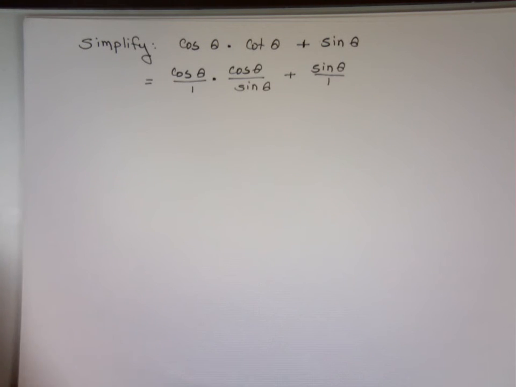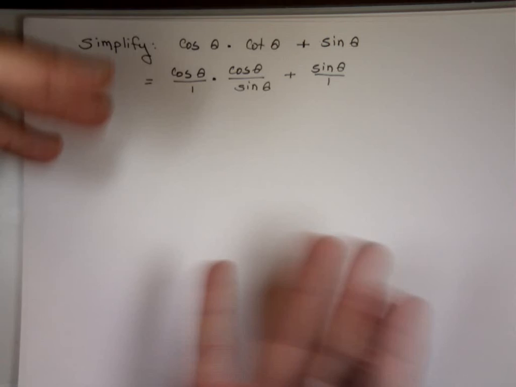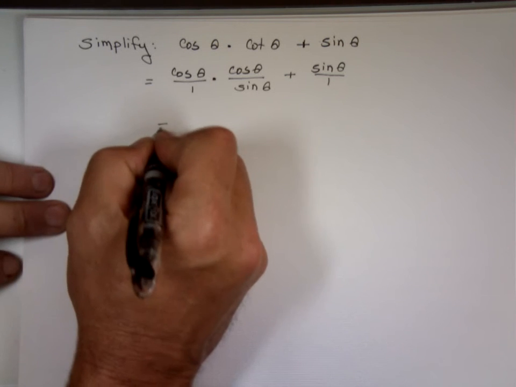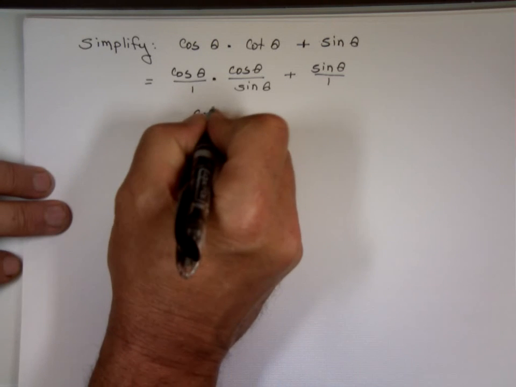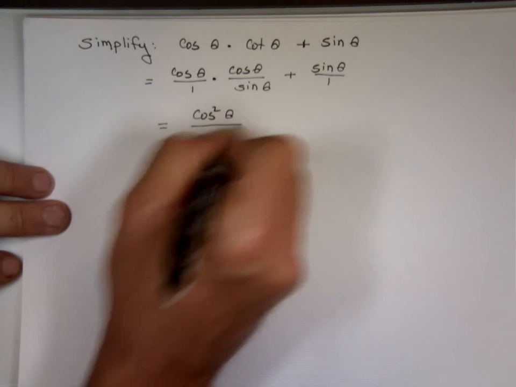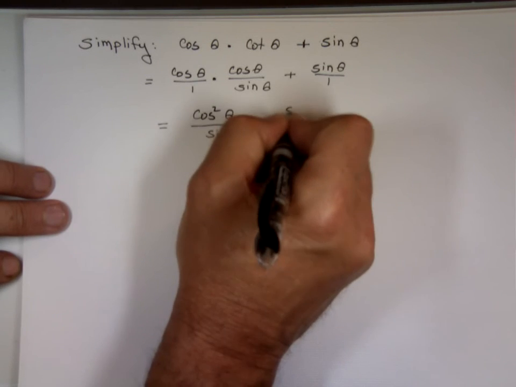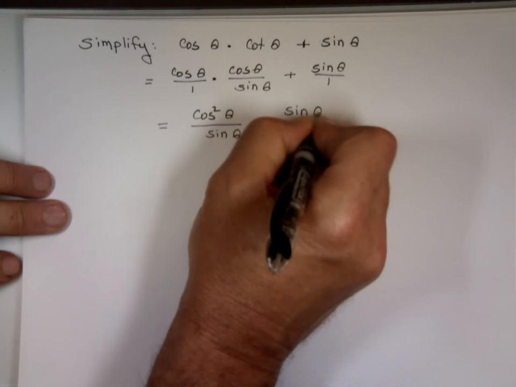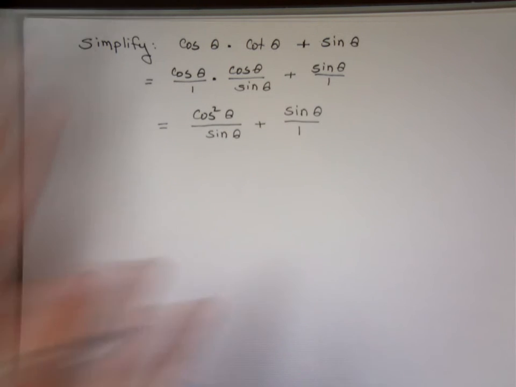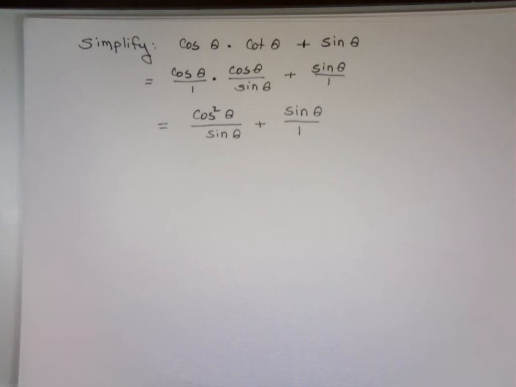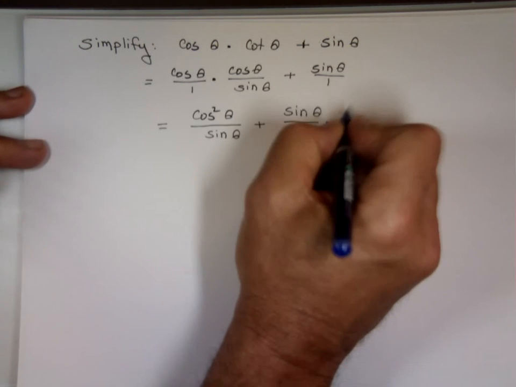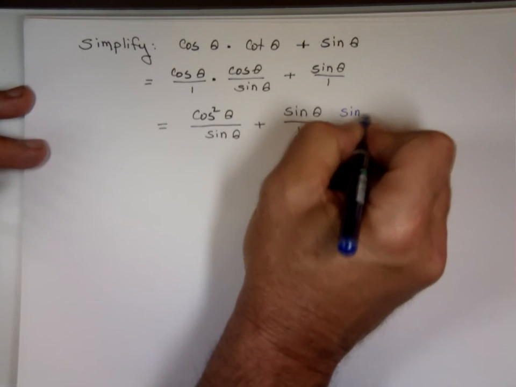I'm making a fraction because I'm laying the foundation for what's coming next. Because this becomes what? Cosine squared theta over sine theta. And this is sine theta over 1. Now I change everything to sine, cosine. Now I'm going to use my algebra to simplify it. I need to multiply this by sine theta over sine theta.